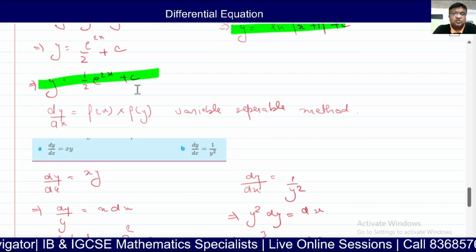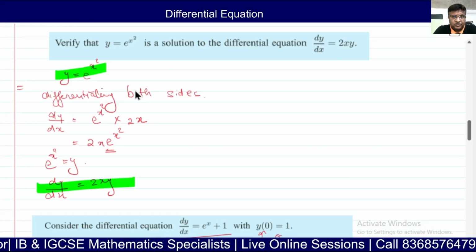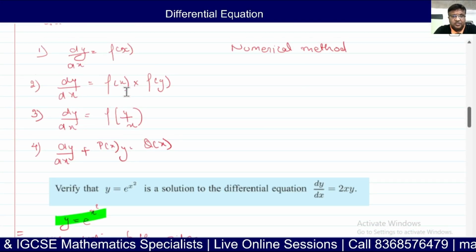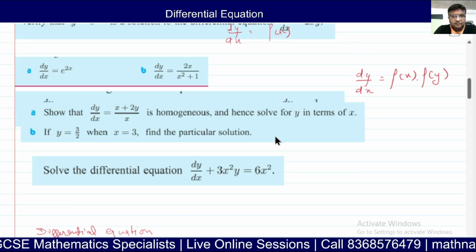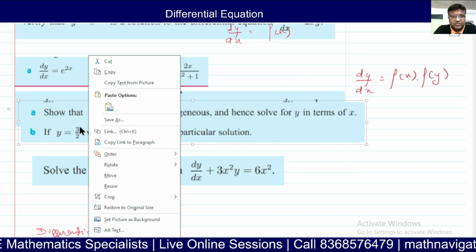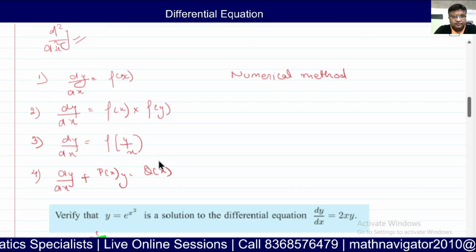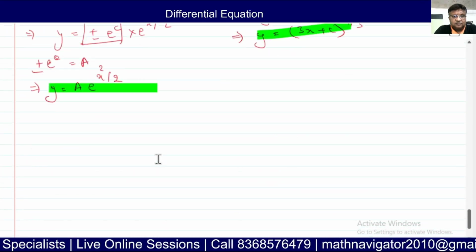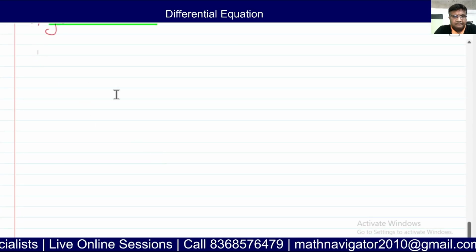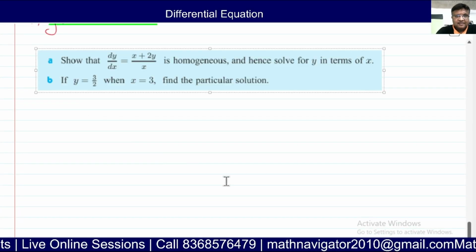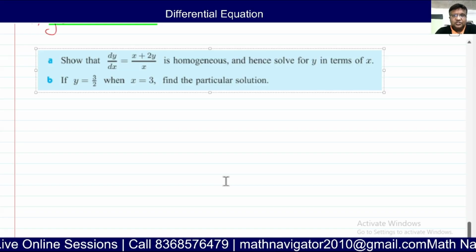Next technique is how to solve the homogeneous equation. So we'll do the homogeneous equation here. Let's take this question. This is your homogeneous equation.